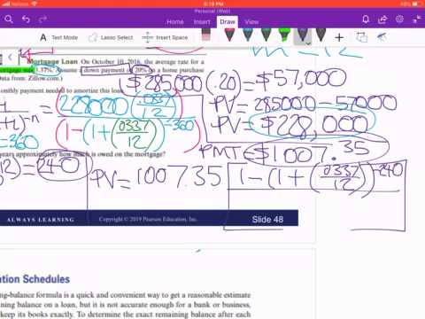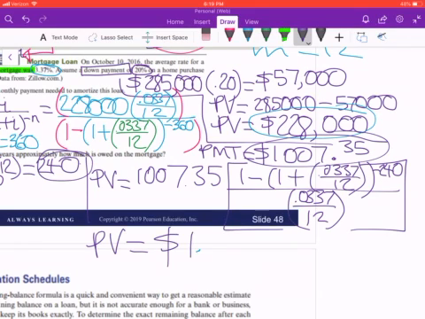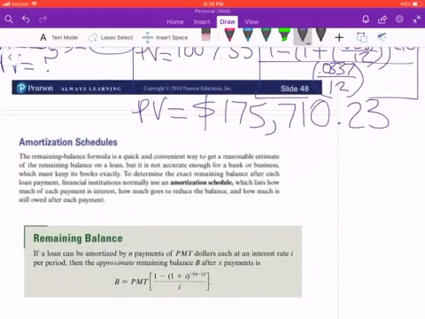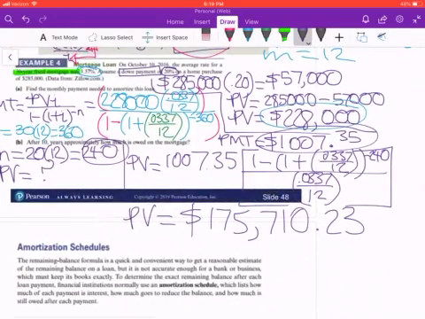And we need all of that divided by r over m. Remember, this is a formula that we used in example 1. From there, the present value will equal $175,710.23. And that concludes example 4.